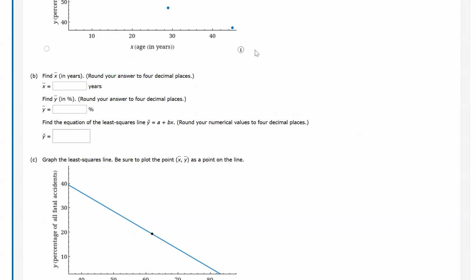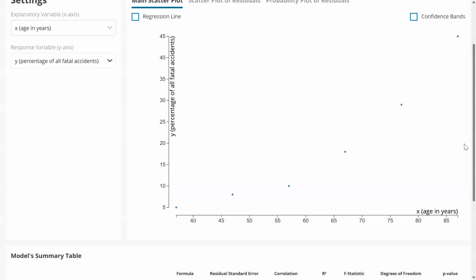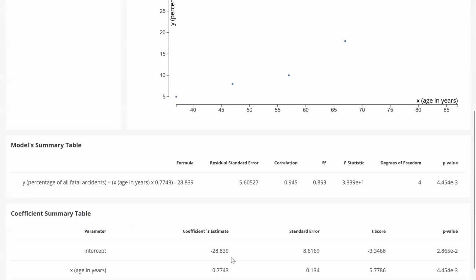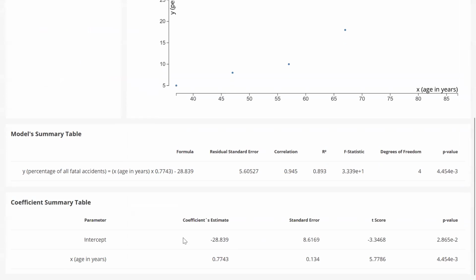So I go to SALT again, then go down. So my intercept here is negative 28.839. That is going to be my A. And then my B, which is my slope, is 0.7743.